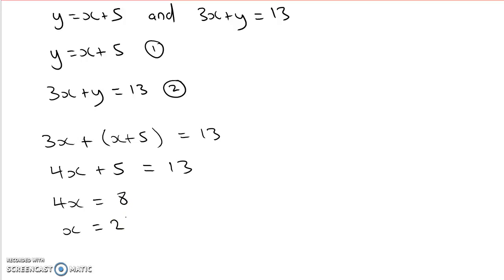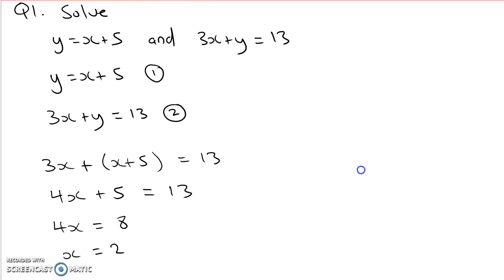Now, in order to find our y value, all we need to do is substitute this x value into either one of these equations. Now, it doesn't matter which one we choose. I'm going to choose this first one here as it looks a little bit less complicated than this one. This first one here will be easy just to substitute in x equals 2.